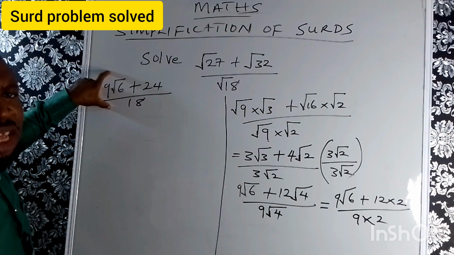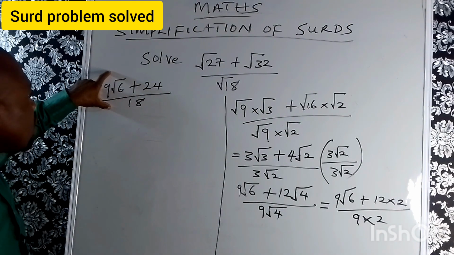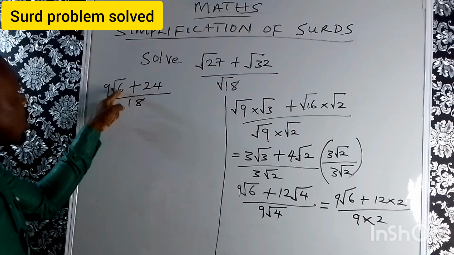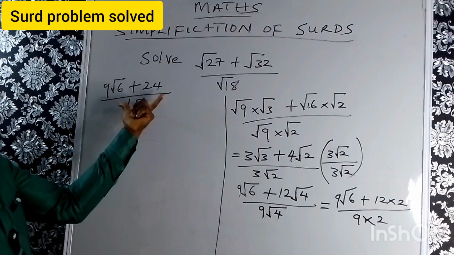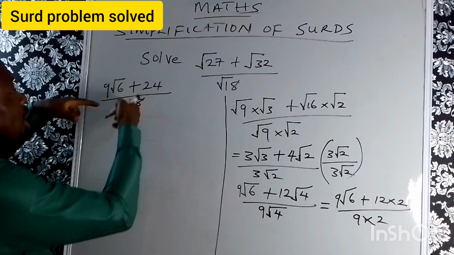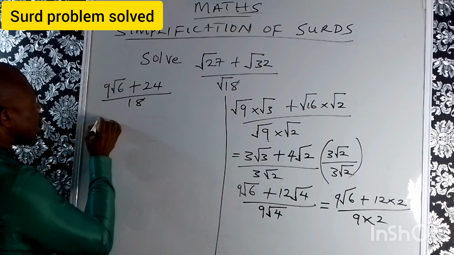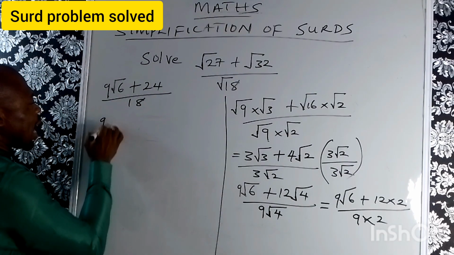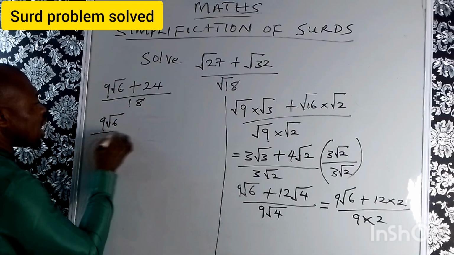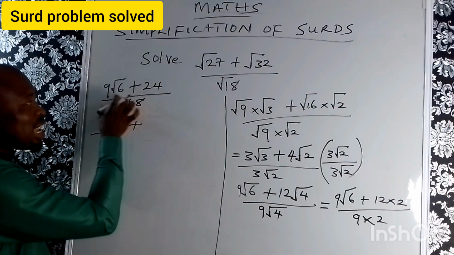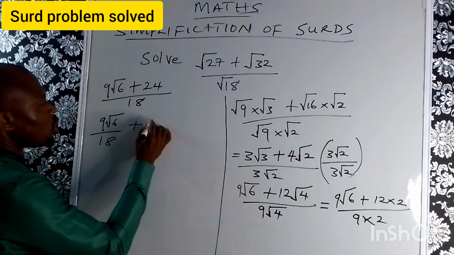At this point, we are nearing the final answer. This 9 root 6 divided by 18, of course, you can reduce from here, or you can also express them one by one. 9 root 6 all over 18 plus, remember, you are dividing each of the terms by the denominator, 24 all over 18.